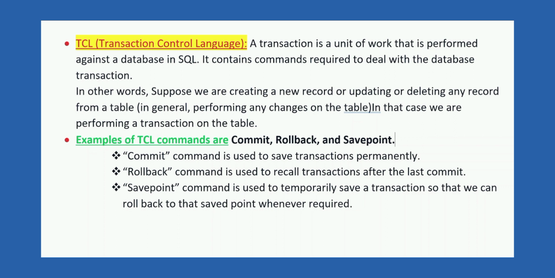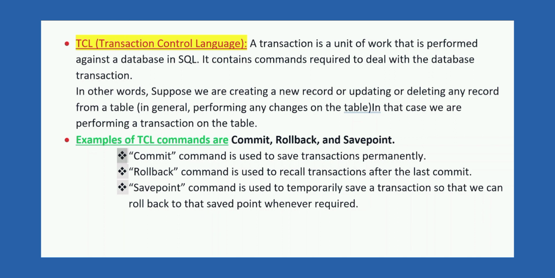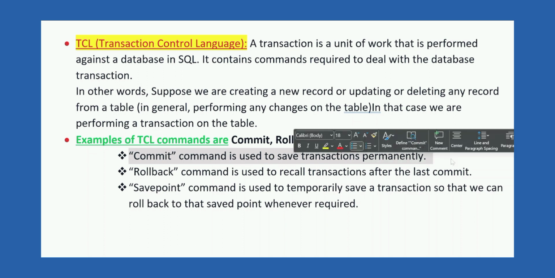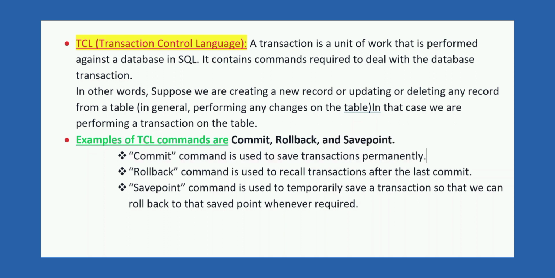Commit means जो भी आप ट्रांजैक्शन कर रहे हो उसको परमानेंटली डेटाबेस में सेव करने के लिए we use the command that is commit. Commit command is used to save transactions permanently. Fine. जो भी आप ट्रांजैक्शन कर रहे हो उसको परमानेंटली सेव करने के लिए we are using the command that is commit. Now, the second is rollback.